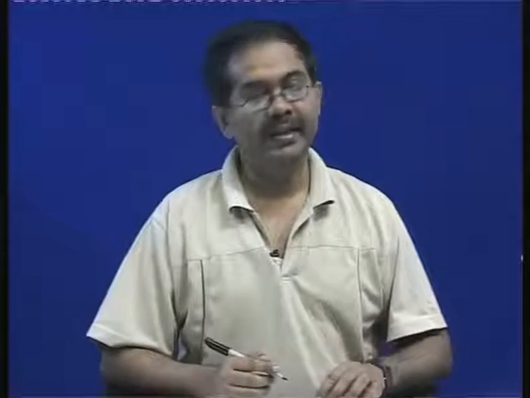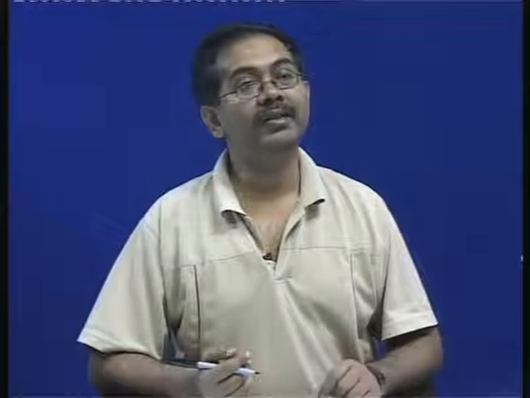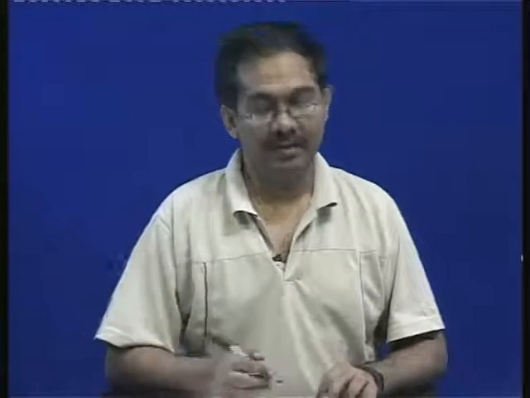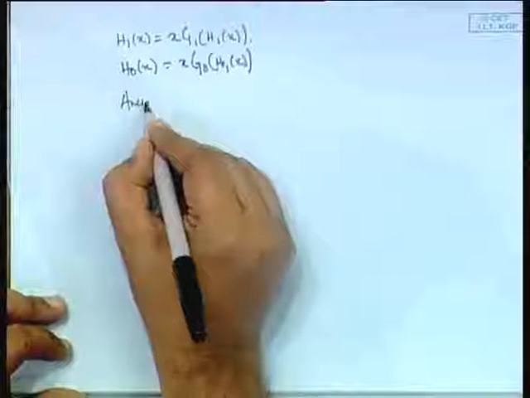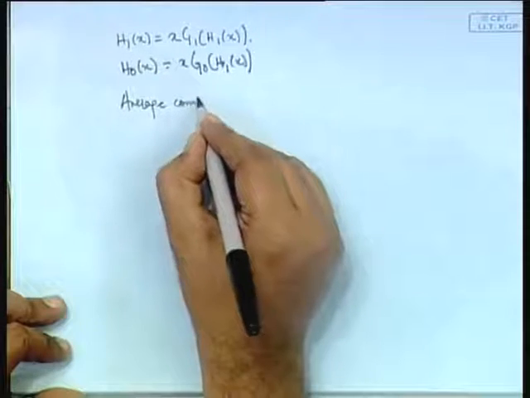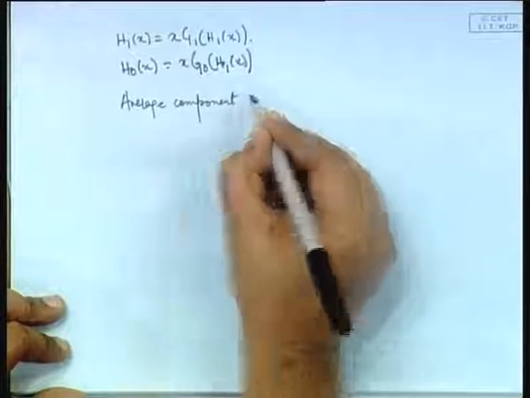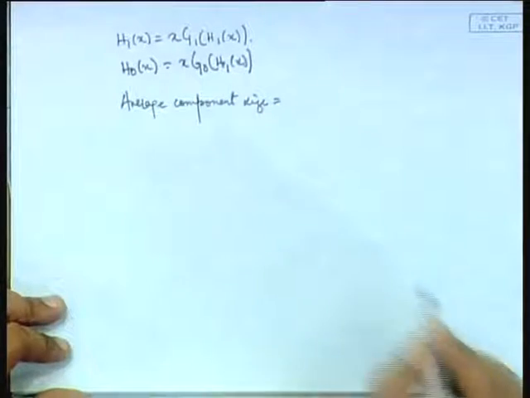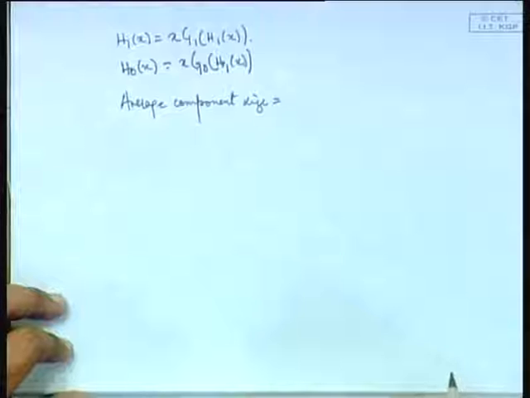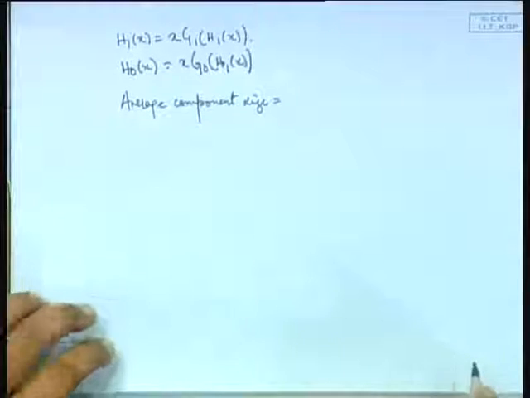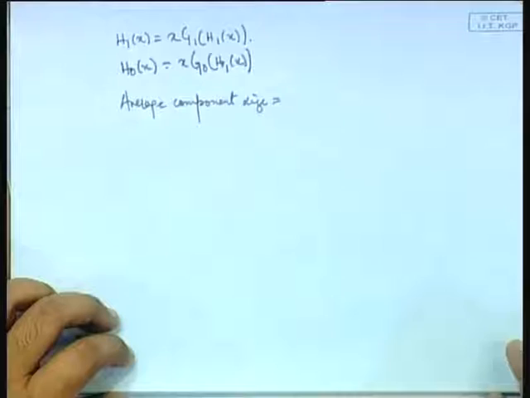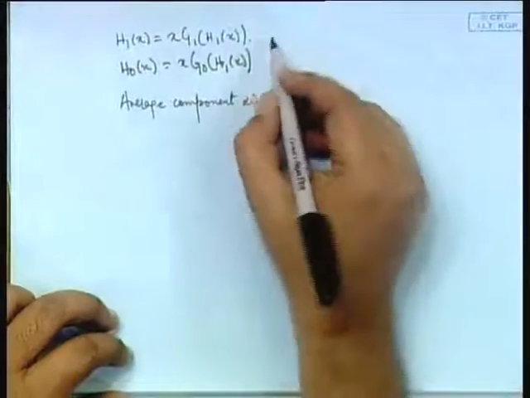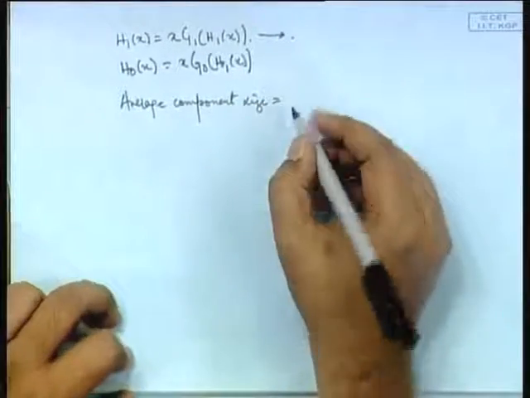It is difficult to solve this equation, but you can get many things, like let us try to find the average component size. What will be the average component size? What is H1? Tell me, let us write in words.